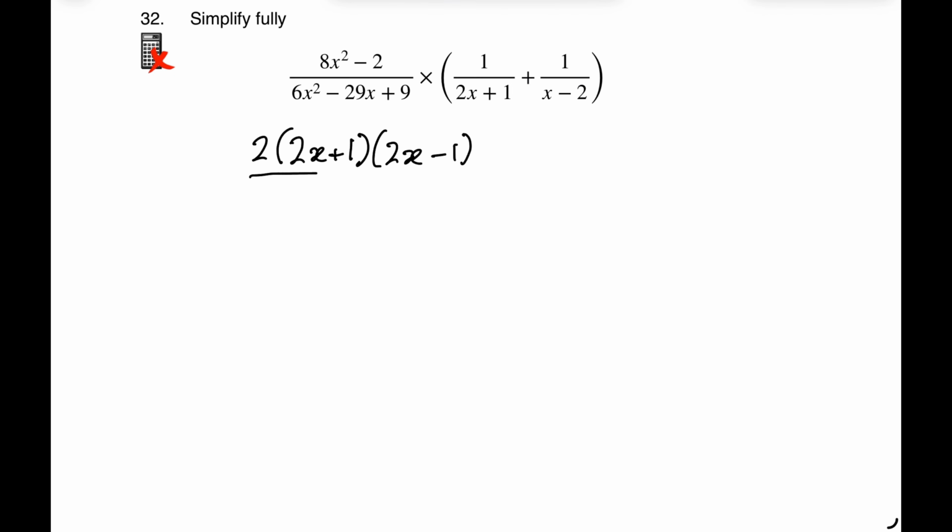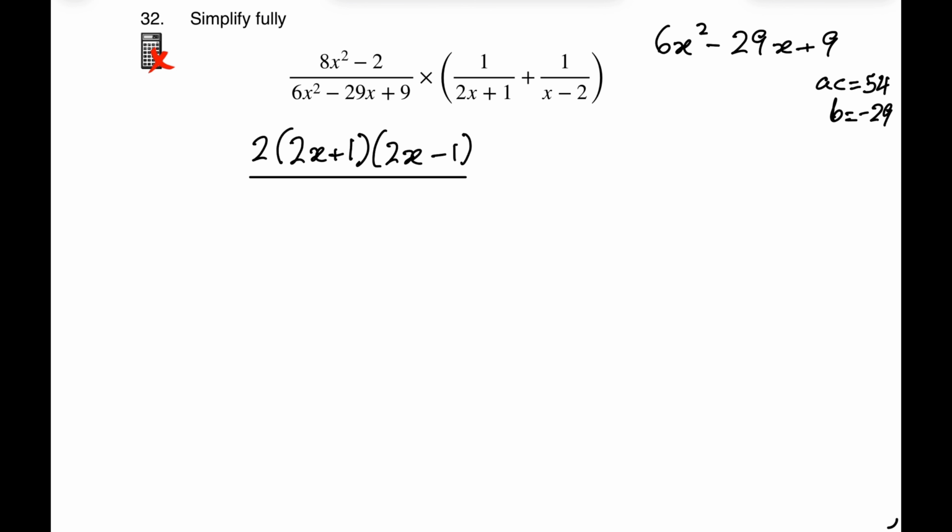Then we have the denominator. Now, I'm going to do this separate over here, just so that we can keep track. So we have 6x squared minus 29x, add 9. So AC is 6 times 9, which is 54, and B is negative 29.